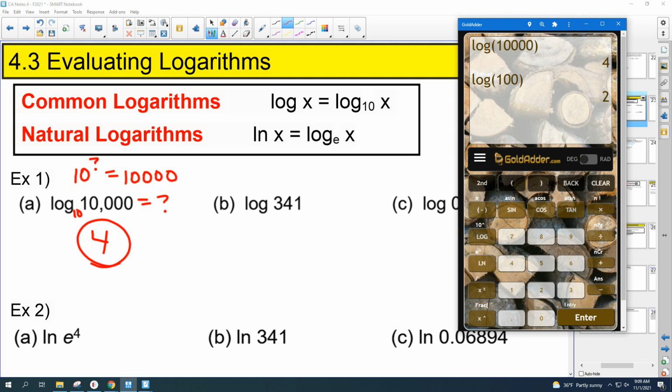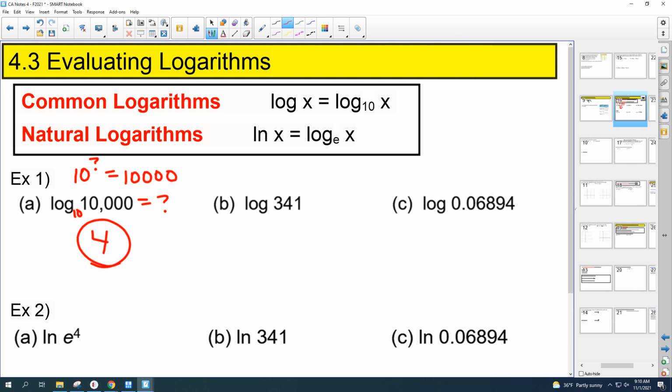I look at the next one, log 341, and if you think of it in that way, it's like, what exponent makes 341? And I can't do that one in my head. I know an exponent 2 would make 100, and an exponent 3 would make 1,000. So in my head, I know the answer is in between 2 and 3 somewhere.